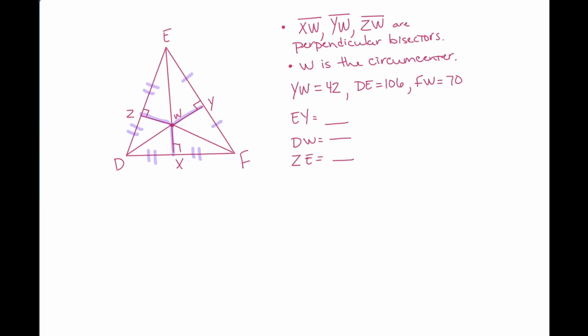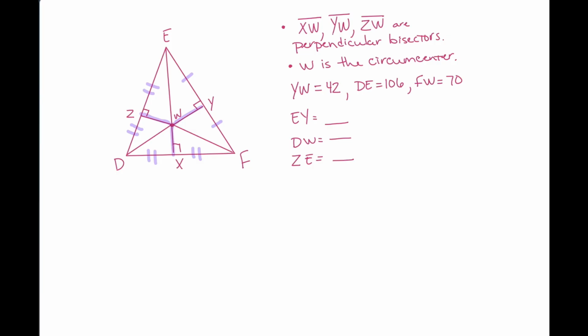All right, so then it says W is the circumcenter. Because we used perpendicular bisectors to reach that, then it is the circumcenter. If you look on the back of your first page of those that we did, what do we know about our circumcenter?